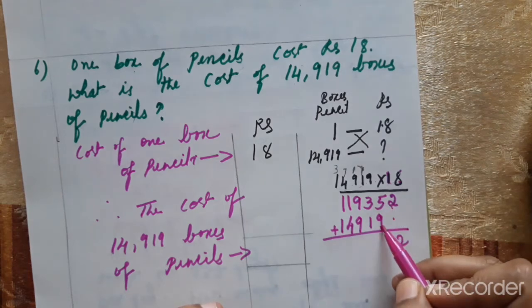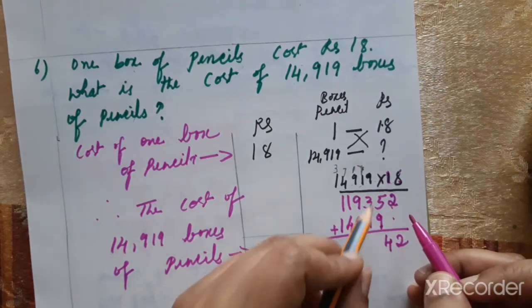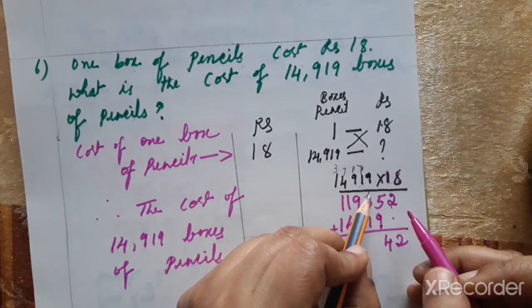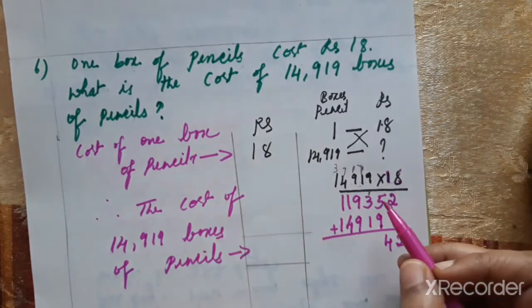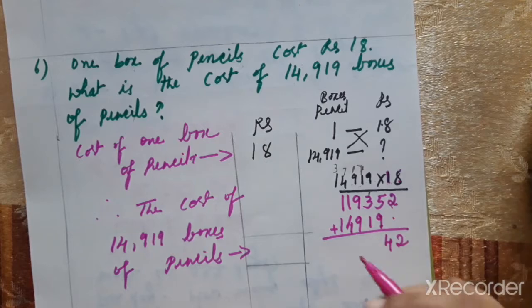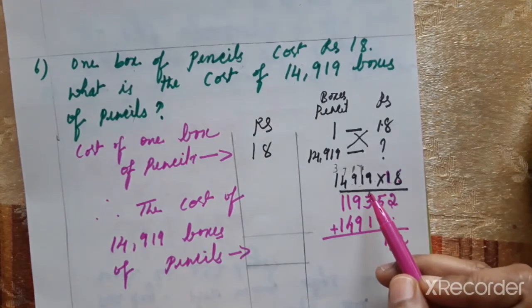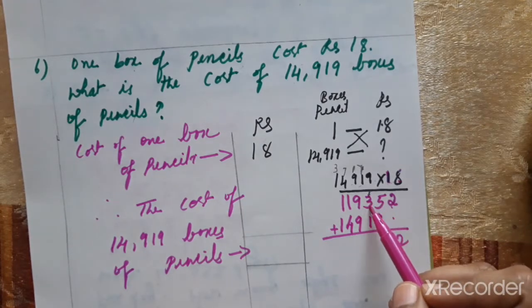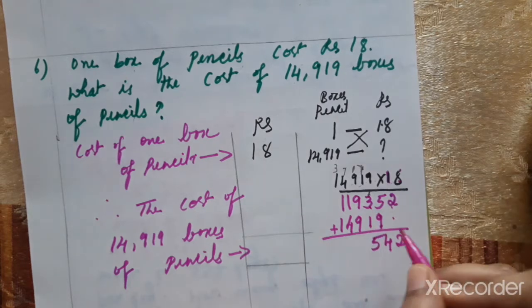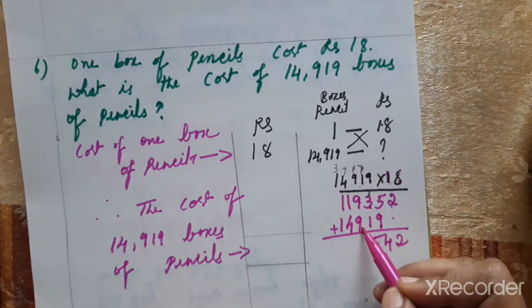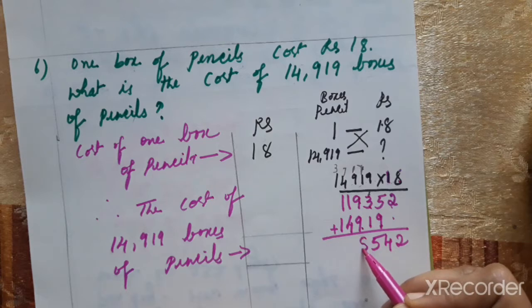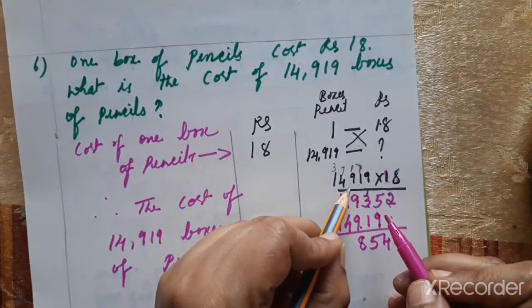5 plus 9 is 14. So 4, because it is a two-digit number we write the last number, and the other digit we carry to the next friend. So here 1. 1 plus 3 is 4. 4 plus 1 is 5. Now 9 plus 9 is 18. 18 means 8 we write, and 1 carry to the next place.